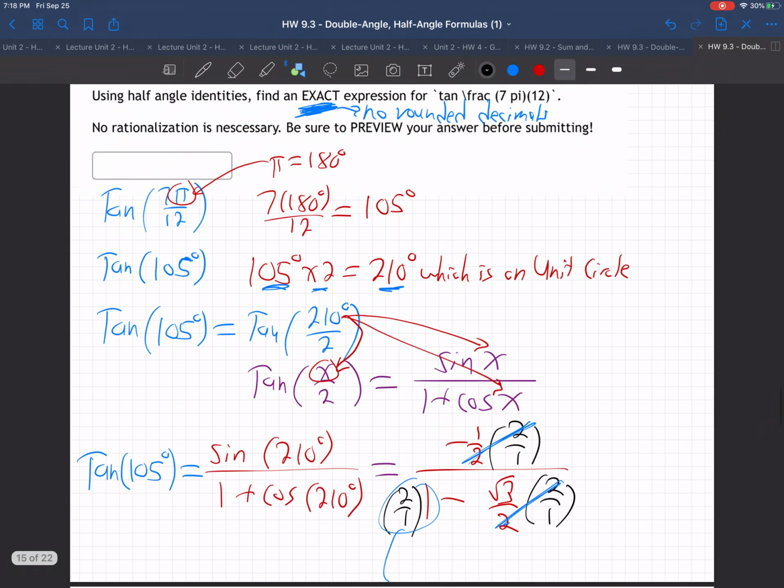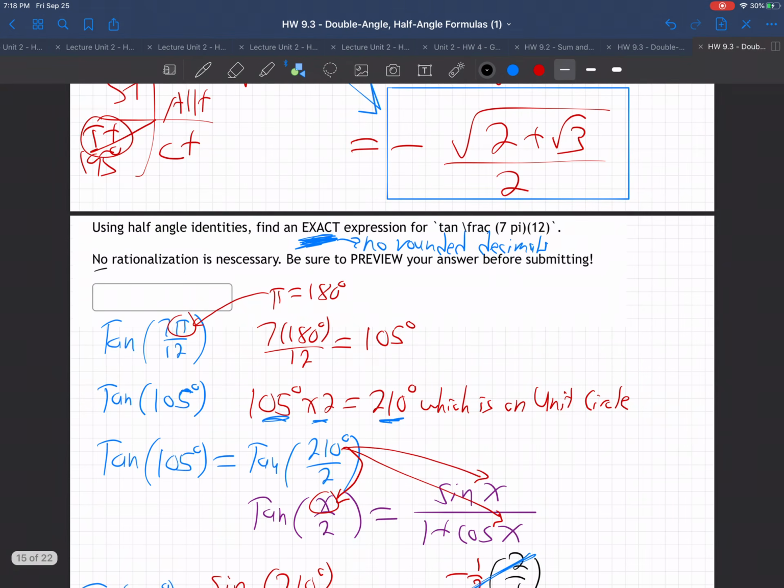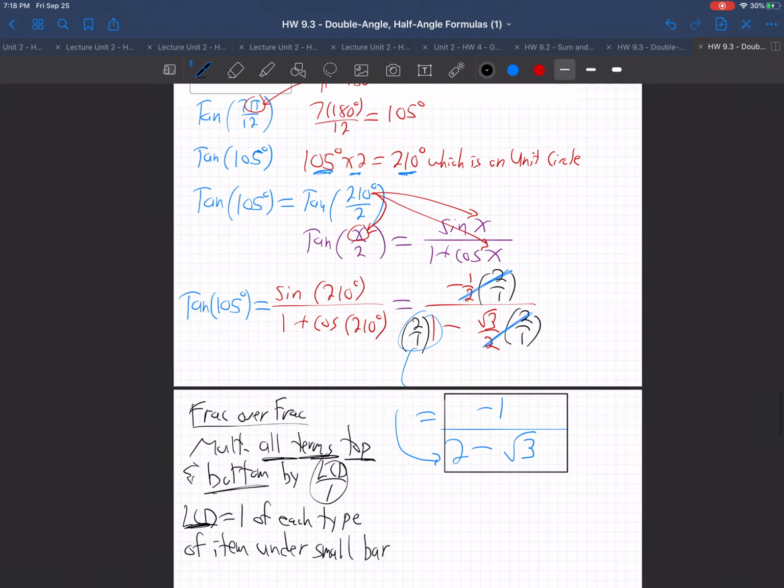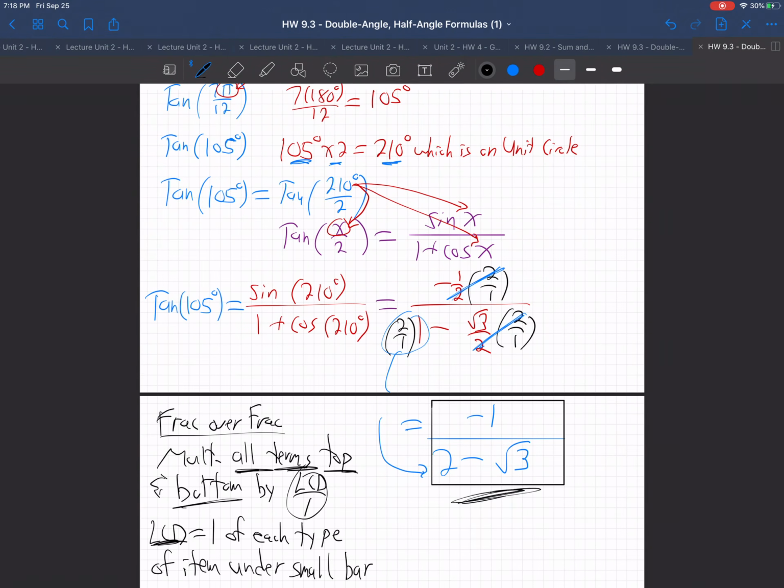Don't we have to get rid of the square root? No. See, it said no rationalization is necessary. That means you don't have to get rid of the square root from the denominator. You can leave it. All they wanted is an exact value. That is an exact value. It's not a decimal. It's not rounded. It's an exact value for the tangent of 105 degrees. We got it by using 210, which is on the unit circle, and then the half angle formula for that.